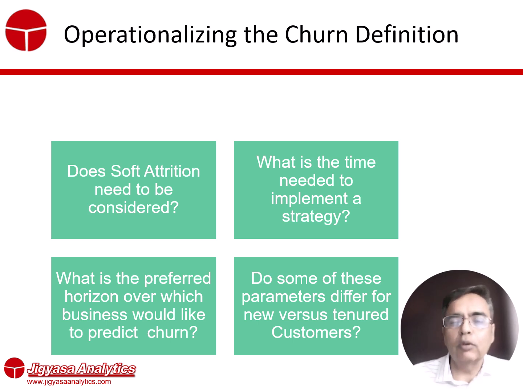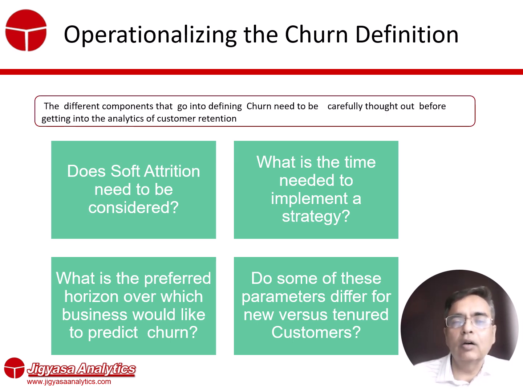Maybe for your more mature customers with longer history and more data, some greater finesse might be possible in terms of considering these different options versus your not so mature customers. And all of this needs to be thought through well before you embark on your actual analytics journey of predicting customer churn, because that's what will define how your models are built and how successful your models are.